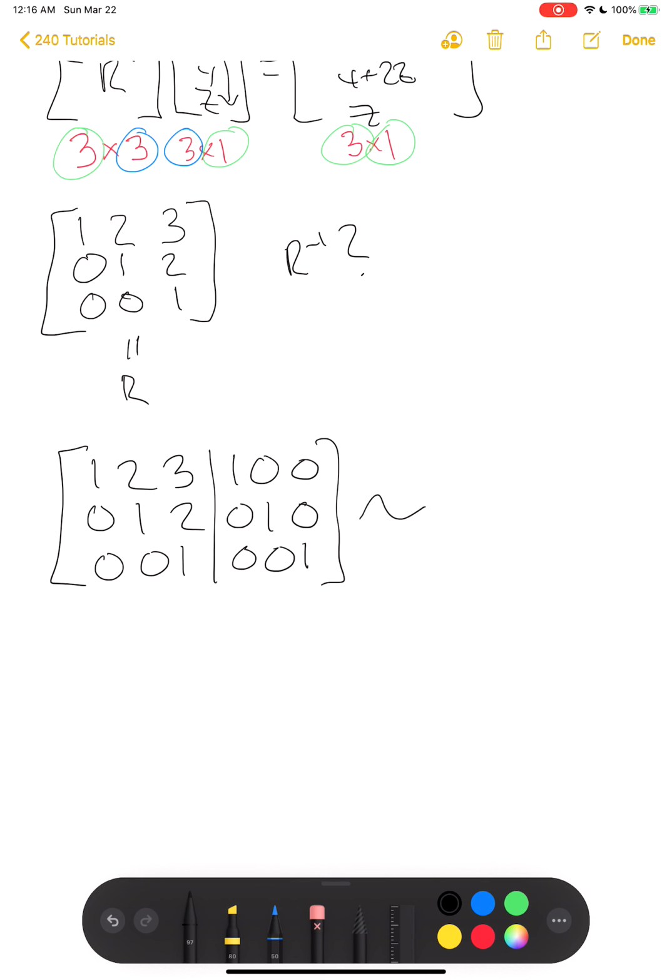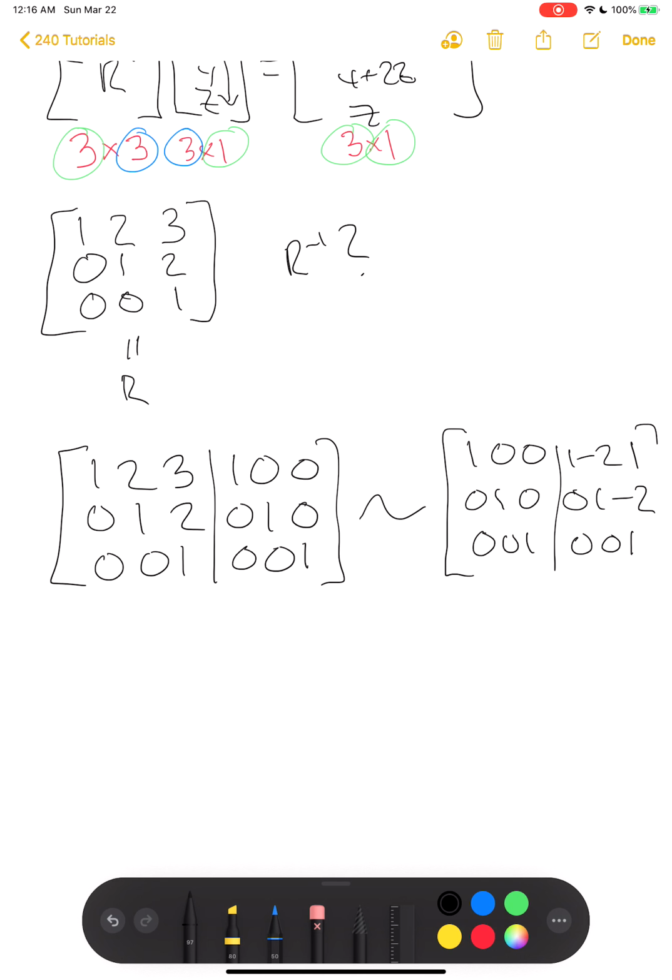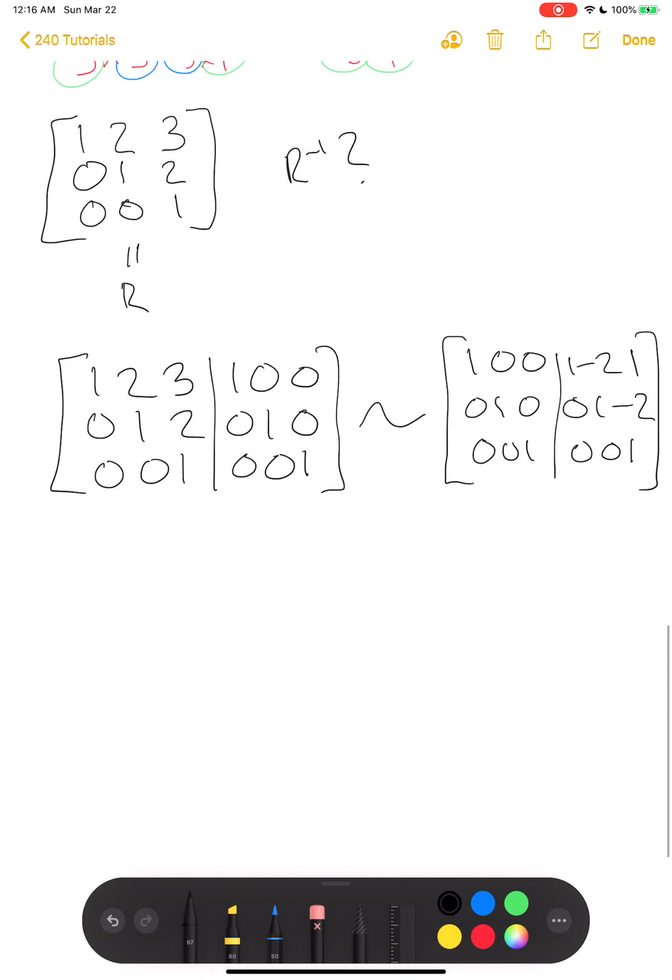And I'm not going to do it on screen, but I'll give you the final result so you can check if you'd like. And when I did it, I got identity on the left, which is what you should get. And then on the right-hand side, I got 1, negative 2, 1, 0, 1, negative 2, 0, 0, 1. And so this right here turns out to be R inverse.